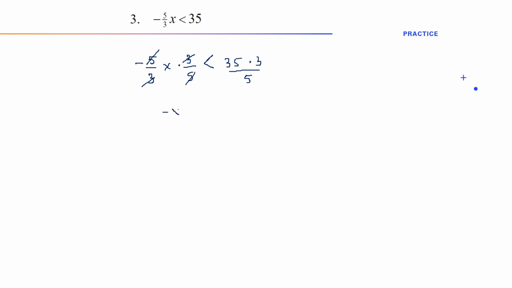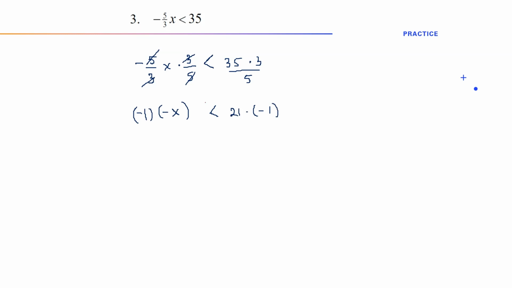We have negative x less than. Now I will make the division first because it makes a smaller number, and then I multiply by 3. That will make it easier. So 35 divided by 5 is 7, times 3 is 21. And now I multiply both sides by negative 1. When multiplying by negative 1, I have to change the direction.